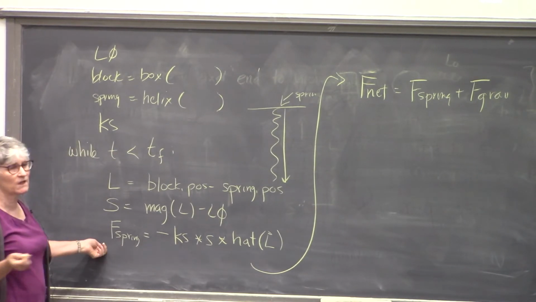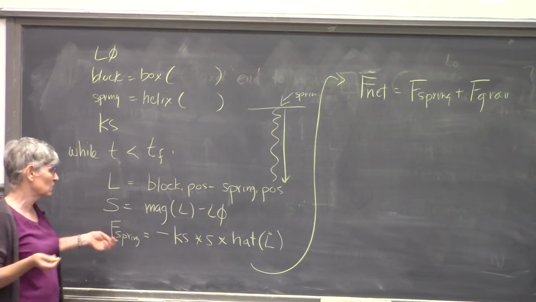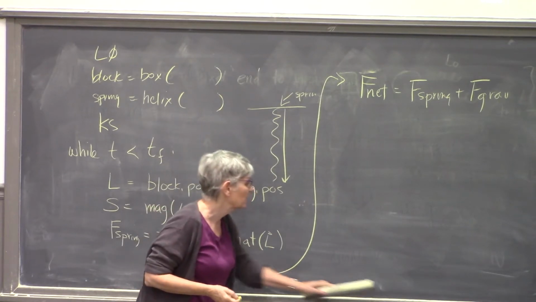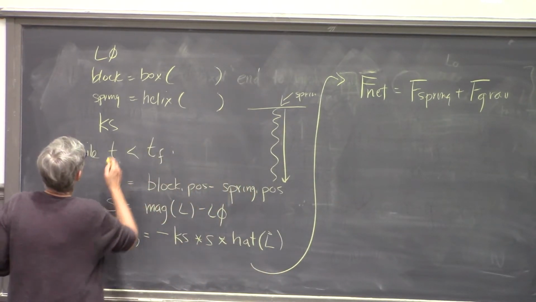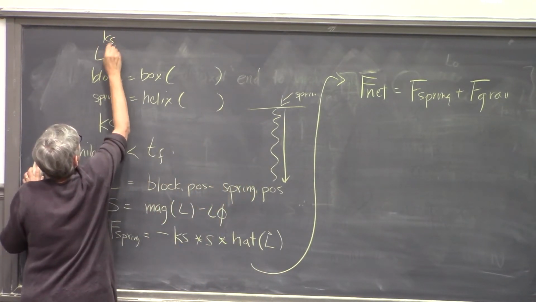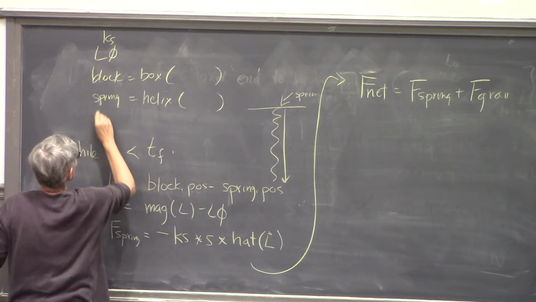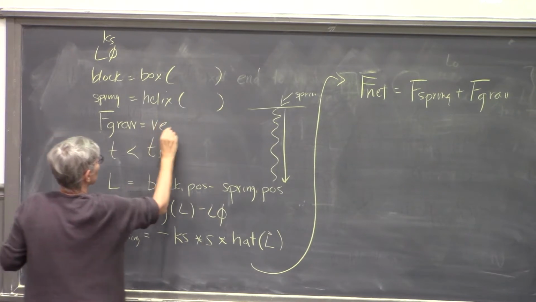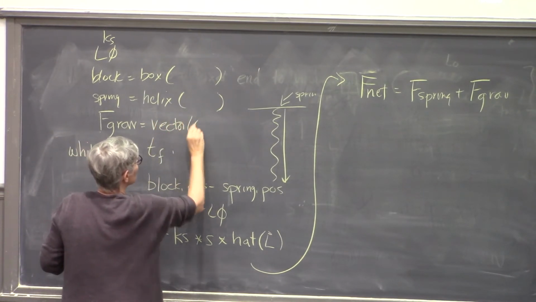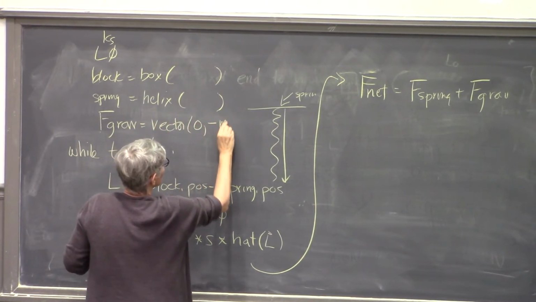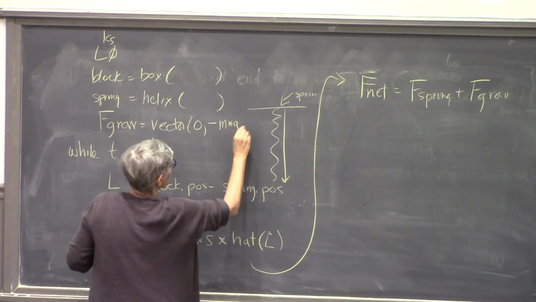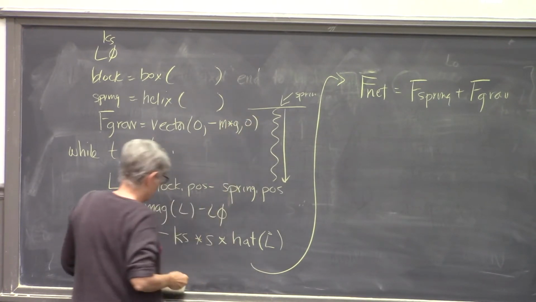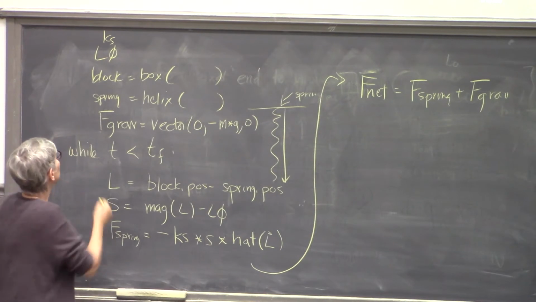We can either just recalculate the gravitational force inside our loop, or we could put it before the loop because it doesn't change. So let's say F grav is a vector 0, minus mass times g, both of which we defined up here somewhere.